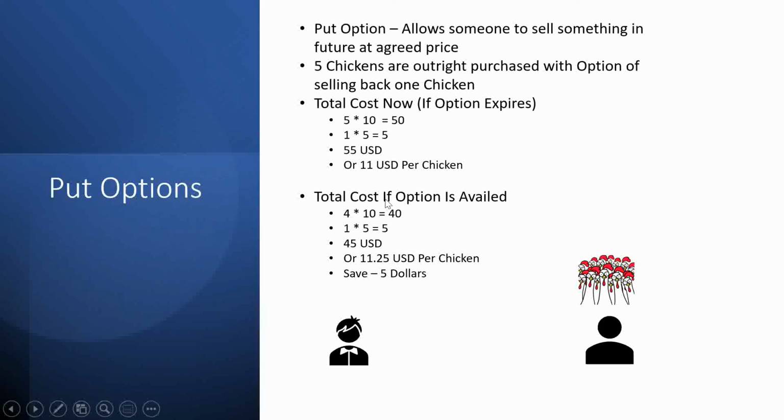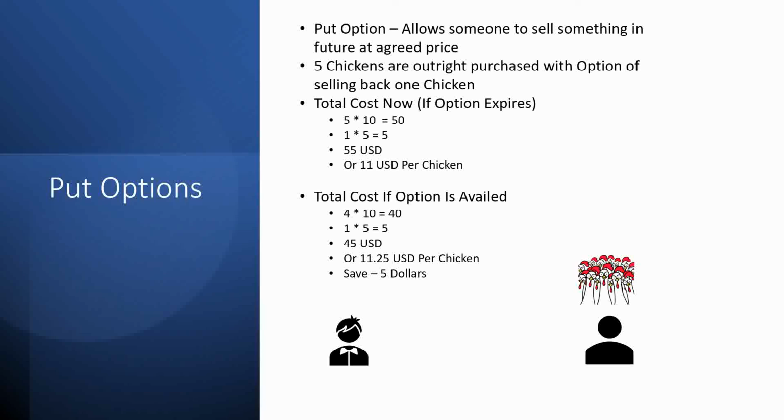But if for some reason I avail the option, then I have only 4 chickens left, so $40, plus $5 for paying the option cost, $45 altogether at $11.25 per chicken. But I also end up saving $5, because if I had purchased only 5 chickens outright, that would have cost me $50.